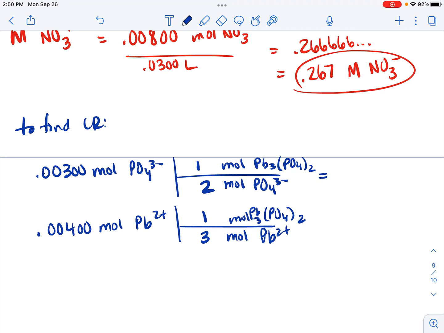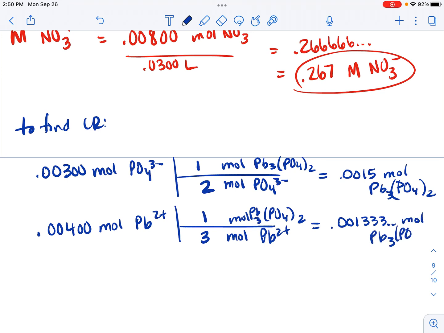So 0.003 divided by 2 is 0.0015 moles of product that would be produced. And 0.004 divided by 3 is 0.001333 repeating moles of Pb3(PO4)2 that would be produced.